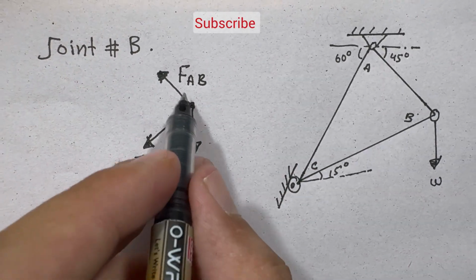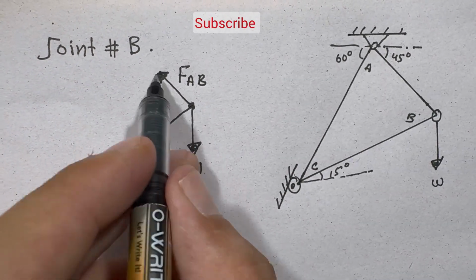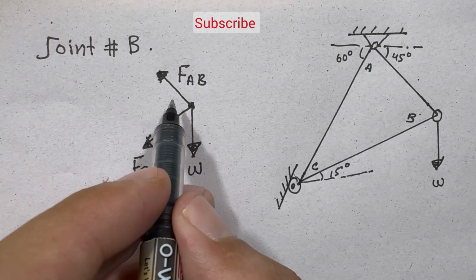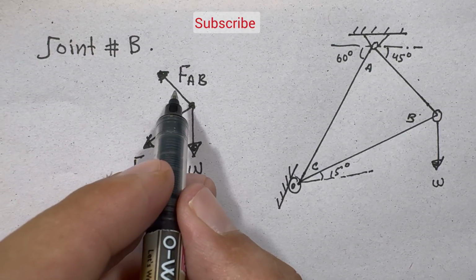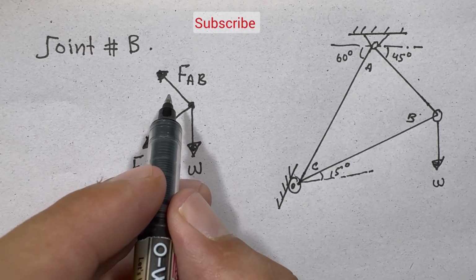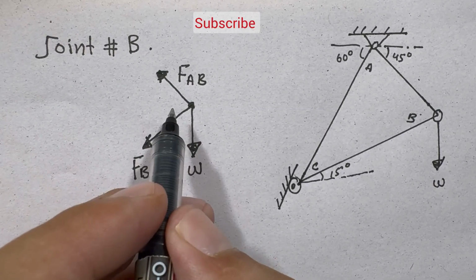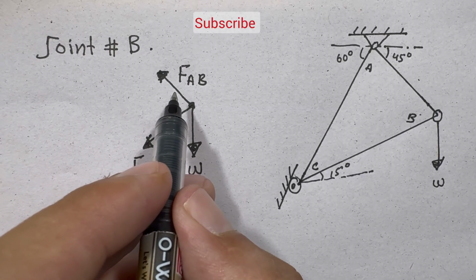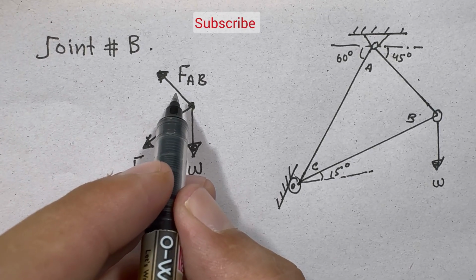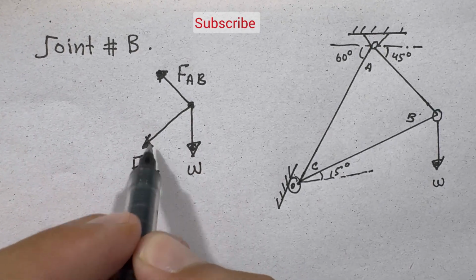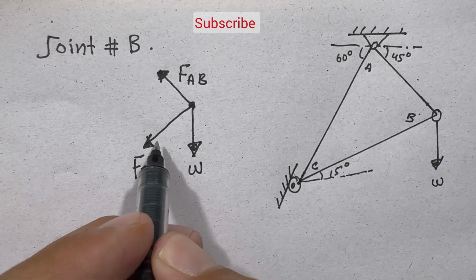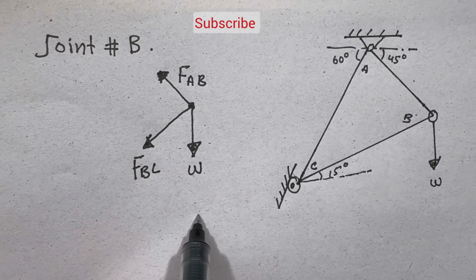First of all you need to resolve these into components, because they are not purely horizontal or purely vertical. Some part of each force will act horizontally, and some part will act vertically.